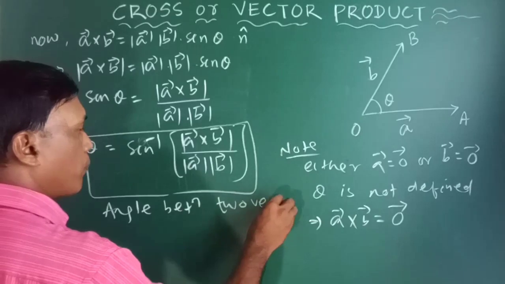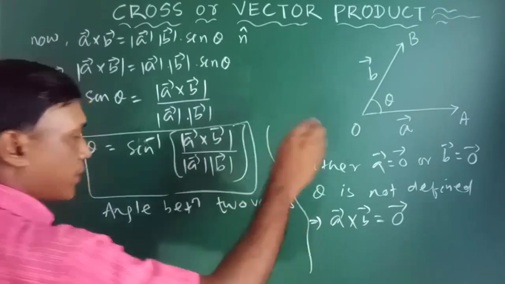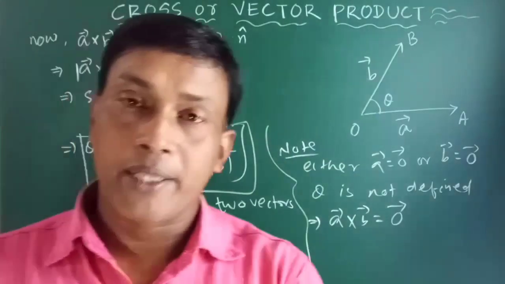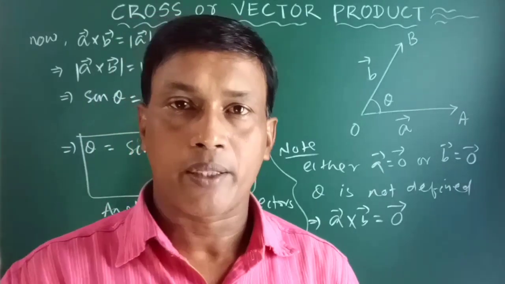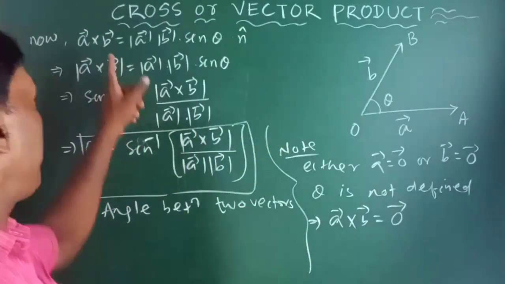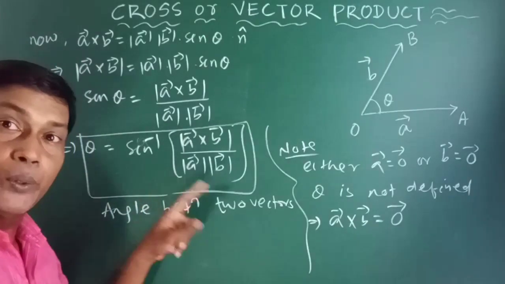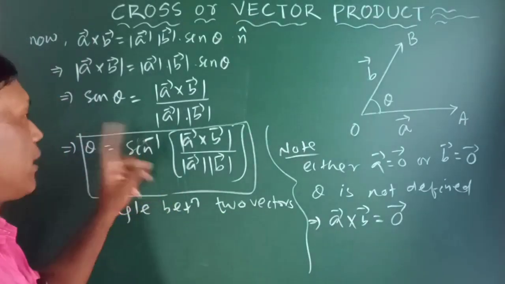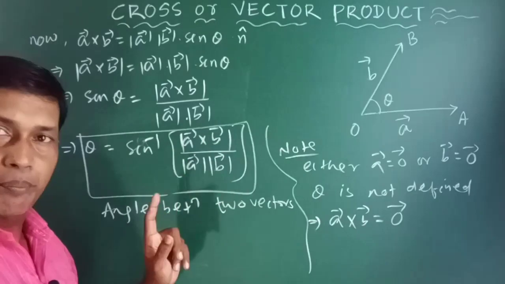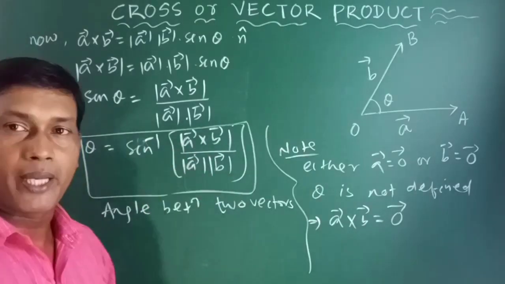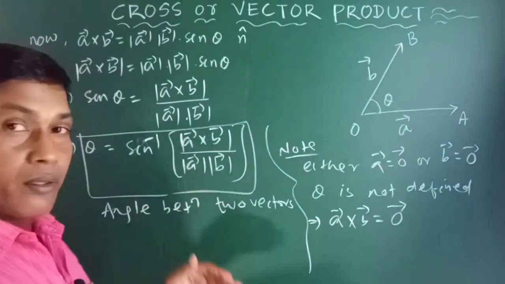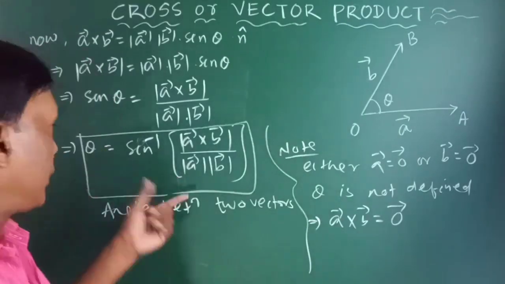So we can find the angle between two vectors if A vector and B vector are given. If the question is to find the angle, then this is the formula.